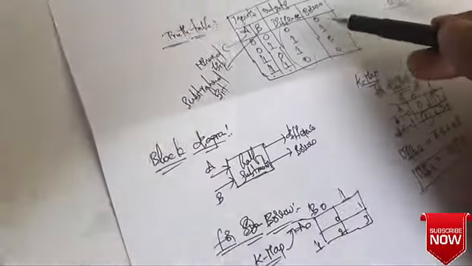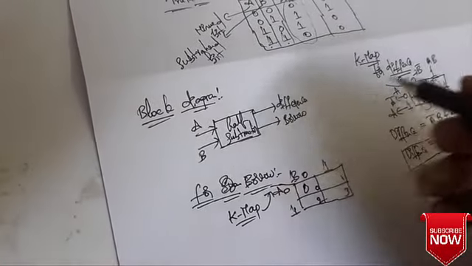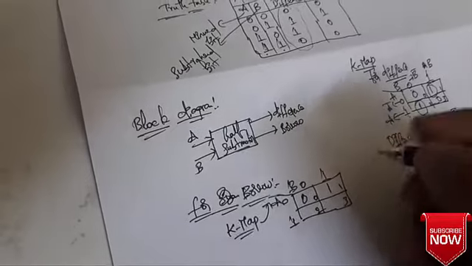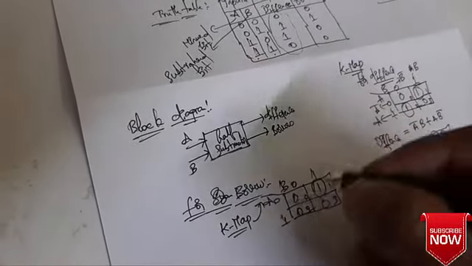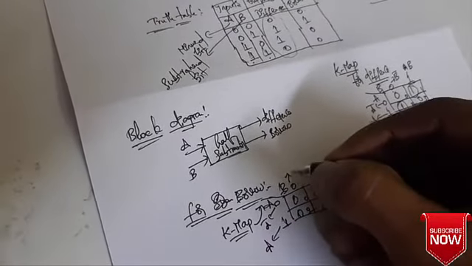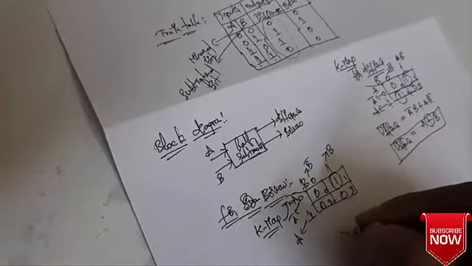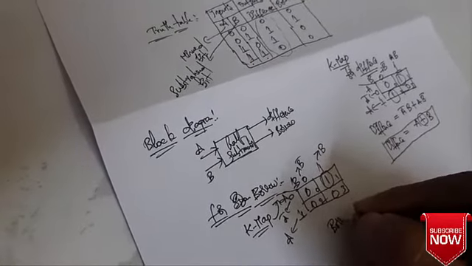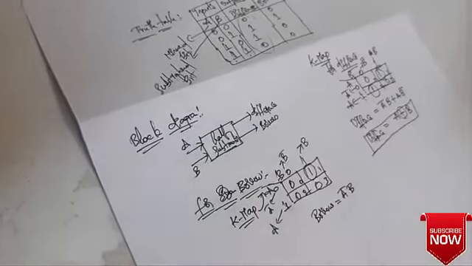Here 0 0 means you will get the borrow as 0. 0 1 means you will get the borrow as 1. 1 0 means you will get the borrow as 0. 1 1 means you will get the borrow as 0. This will become A bar, and this will become A, and this will become B bar, and this will become B. Here borrow will be A bar B, right?